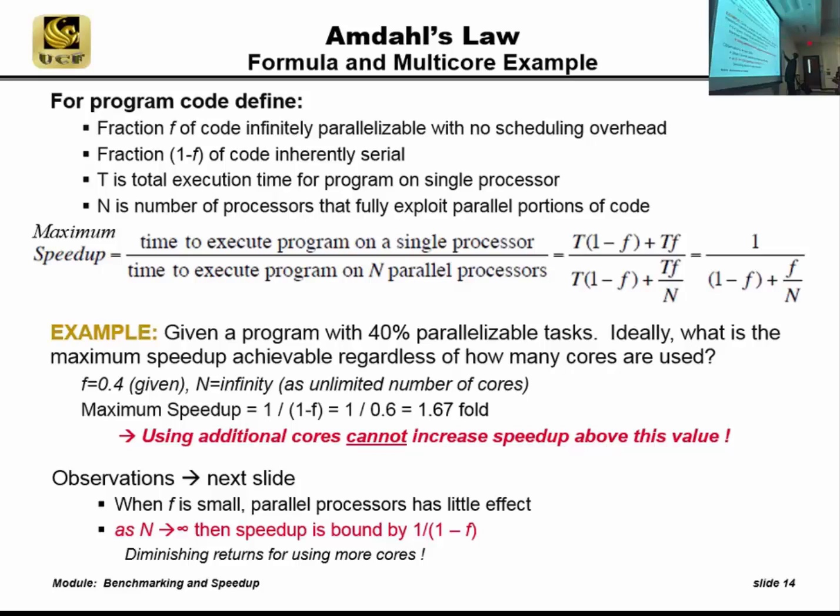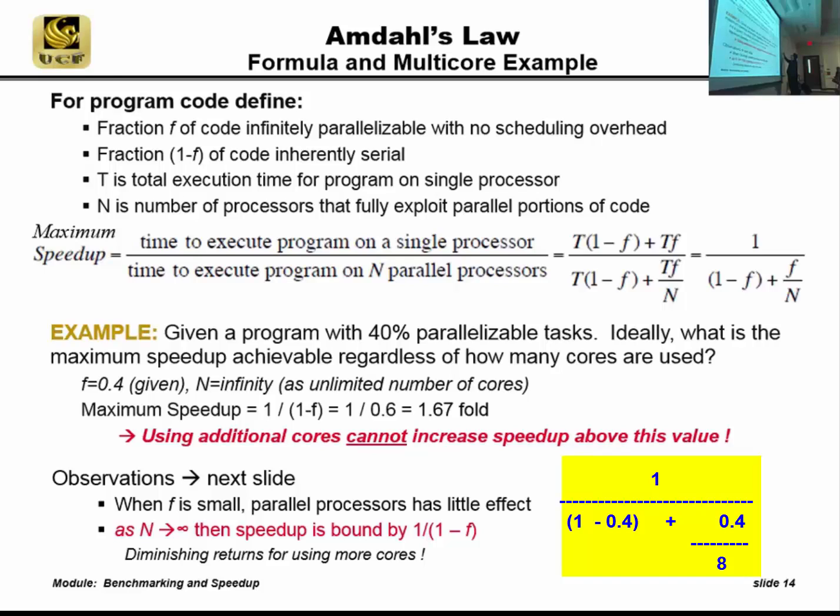It's coming up. So in this particular example, S is 1 over 0.6 plus 0.4 over n. Suppose you have n equals 8 cores. All right, what's the speed up? Somebody have a calculator? We can do it on a computer.